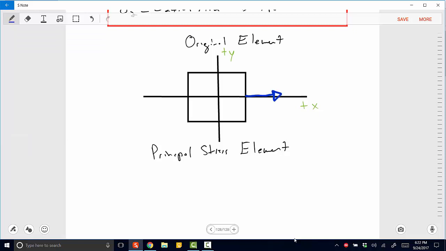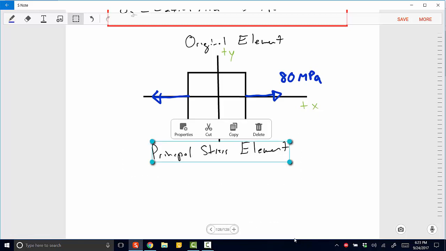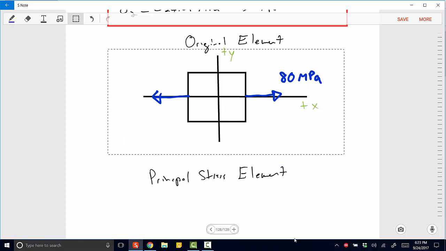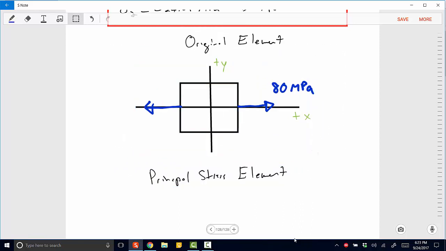We have a sigma x here, which is 80 megapascal. It's positive, it's causing tension, right? Our sigma y was equal to 0. And then our shear stress is equal to 50 megapascal clockwise. So let's take our positive x line and draw an arrow that would cause a clockwise sense of rotation, right?